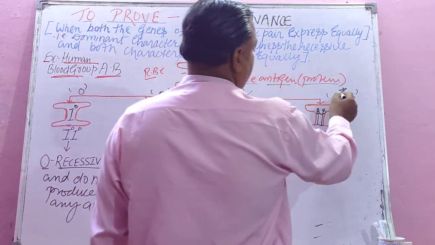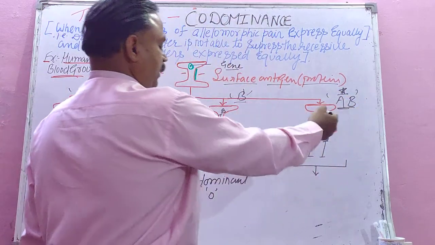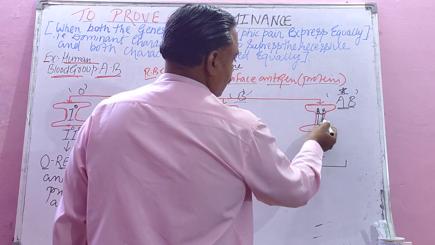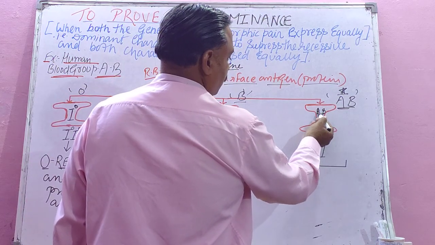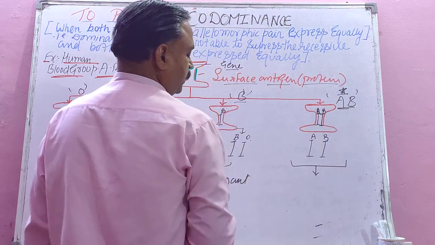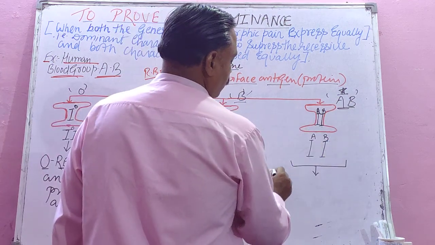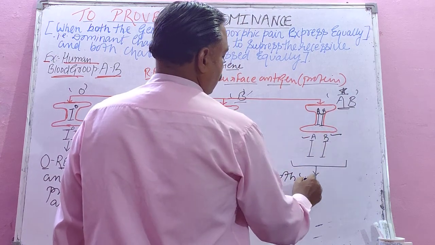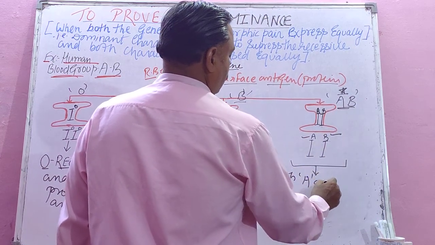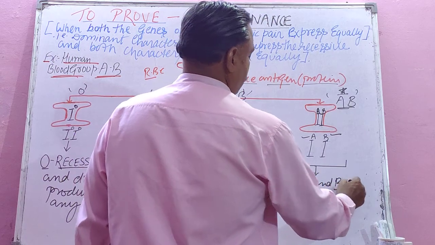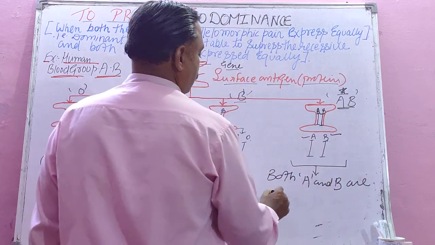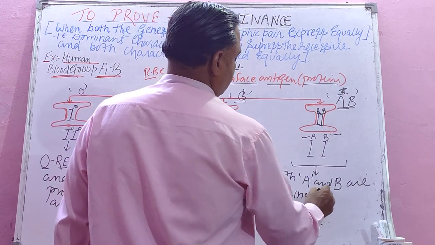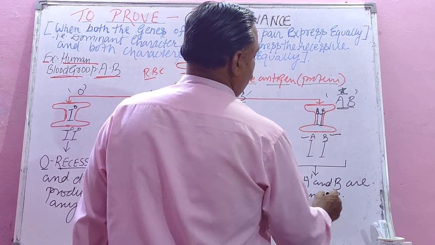And now come here to our example, codominance AB. Here what happens, student? Here both the antigens are there, A and B, isn't it? And so we can write here both A and B are dominant, that is, they express equally.